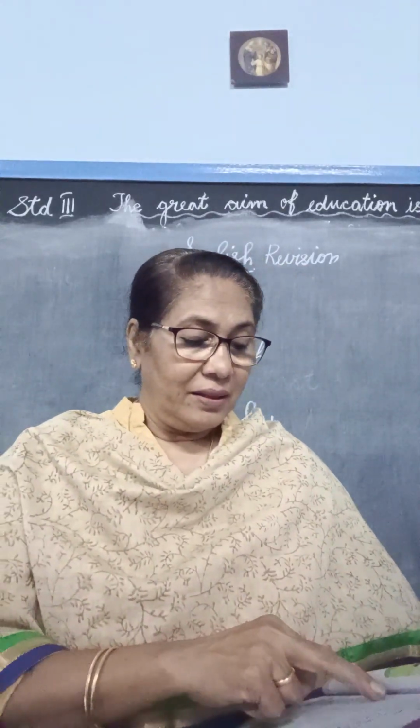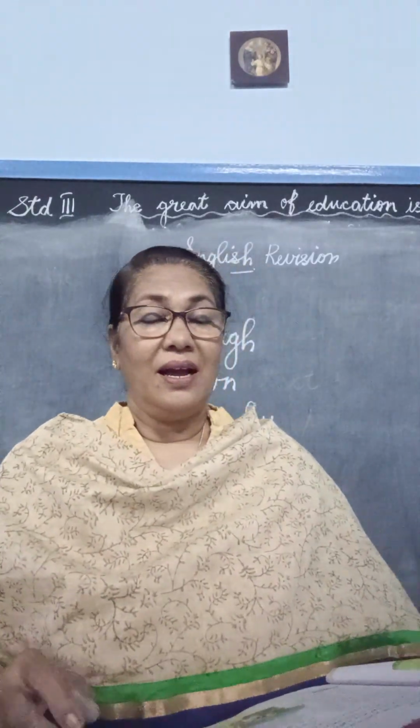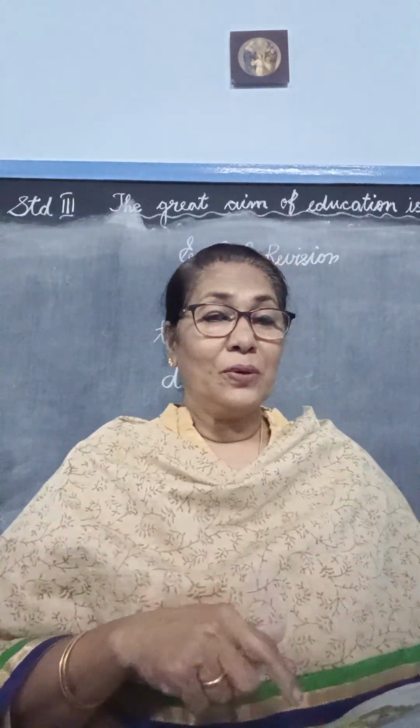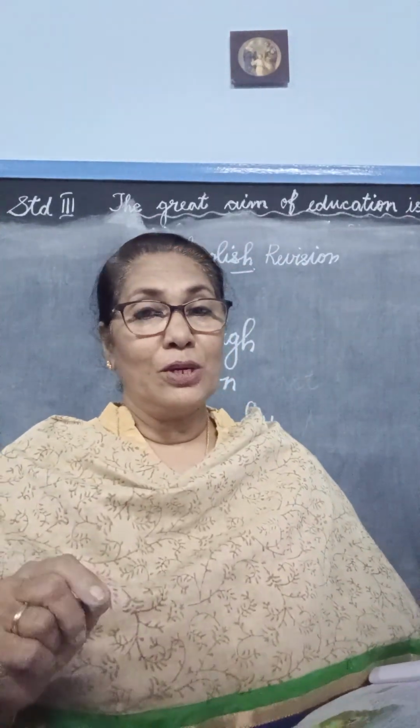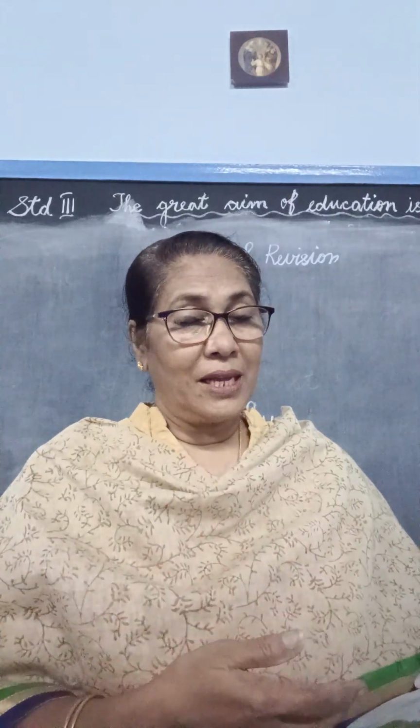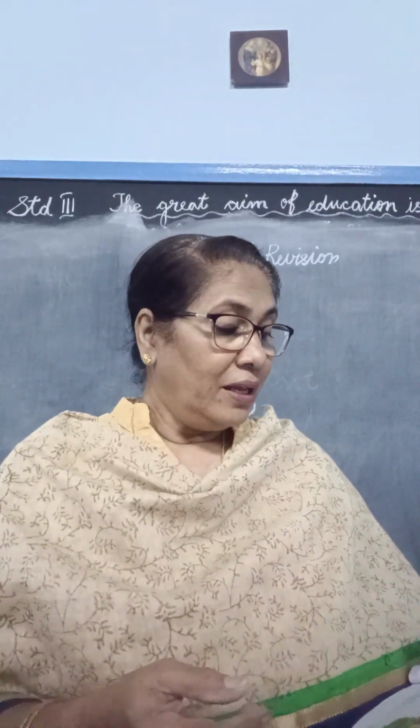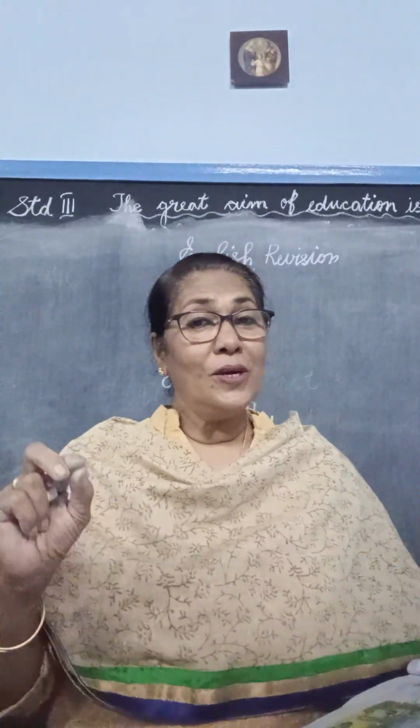Now I'll give you the fill in the blanks. They lived in dash, sage and dash. You have to read your lesson, then you will be able to fill in the blanks. So fill in the blanks will be from the text itself. They lived in a dash, sage and dash. Old sage.